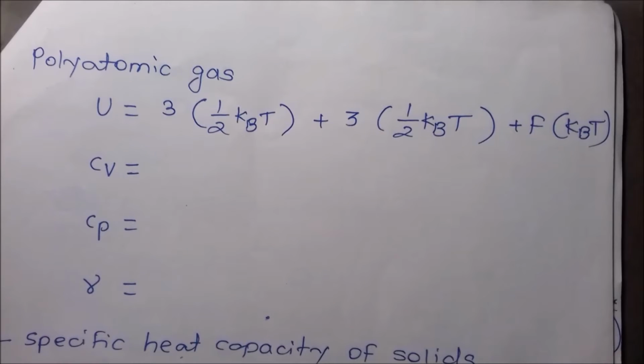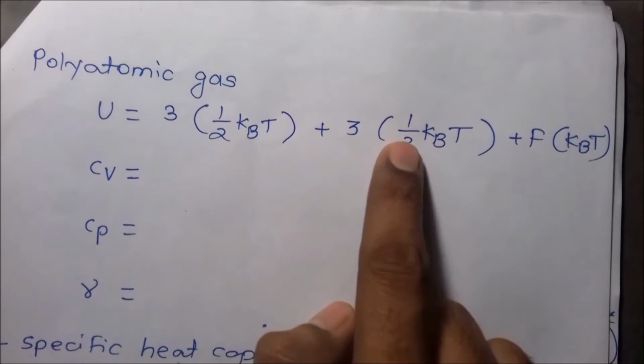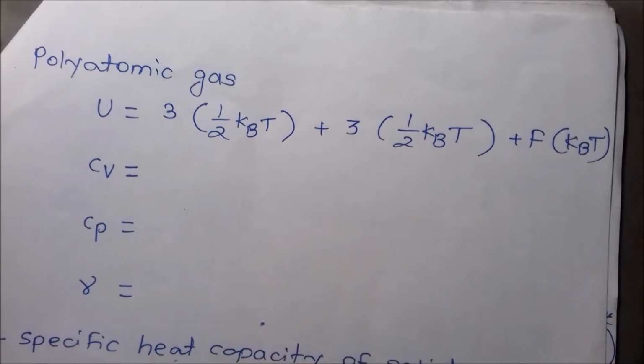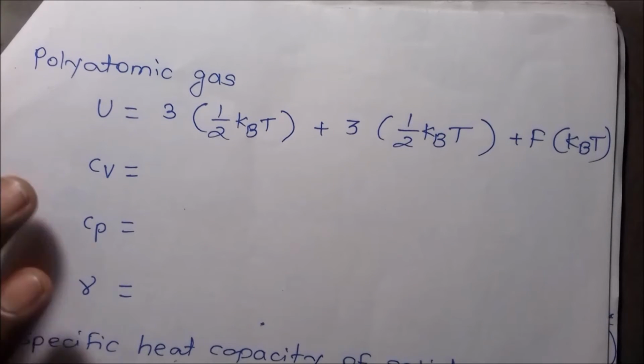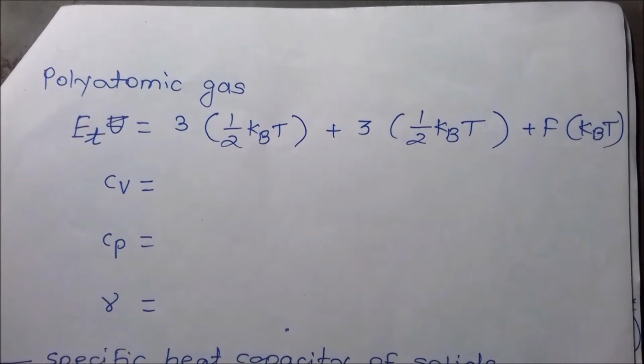For a polyatomic gas, 3 translational degrees of freedom, 3 rotational degrees of freedom, and there are f modes of vibration. So the addition of this becomes U. Addition of this becomes not U, this becomes ET, the energy of one molecule.